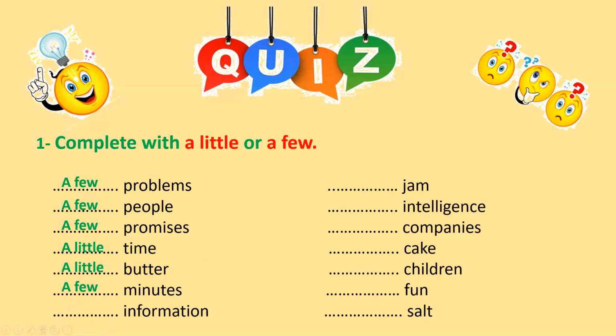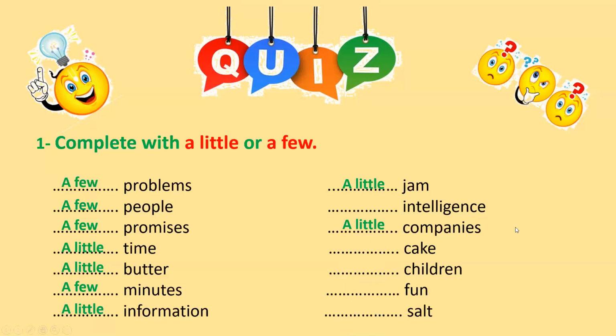Information is an uncountable noun. So we put a little information. Now jam is like cheese, like butter. So we put a little jam. Intelligence is an abstract noun.